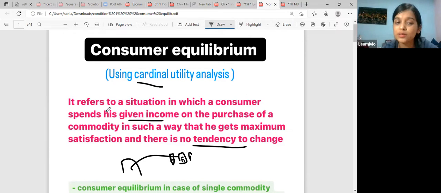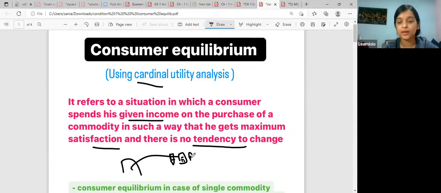So the consumer spends his given income. Why have I written given income? Because you cannot say that, ma'am, I have 10 rupees, Labiba has 10 and Janam has 20. No. Given income means the examiner will be giving you the income. And on the purchase of commodity, where the consumer is spending the money on purchasing something, he will spend that money in such a way that he gets maximum satisfaction, right?